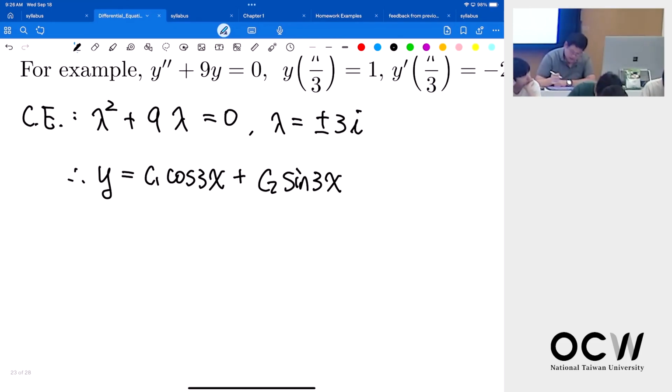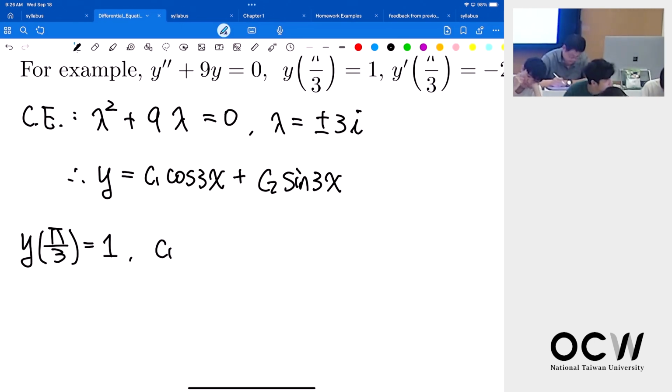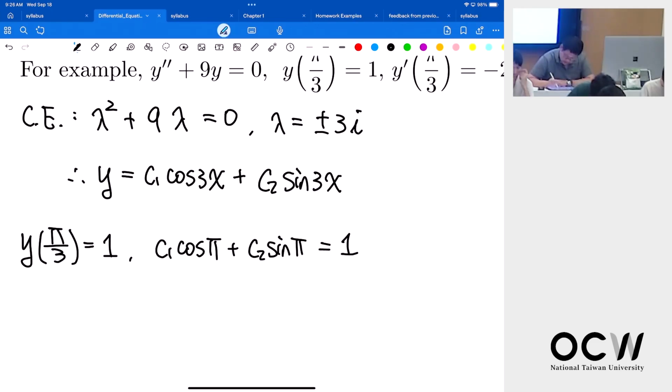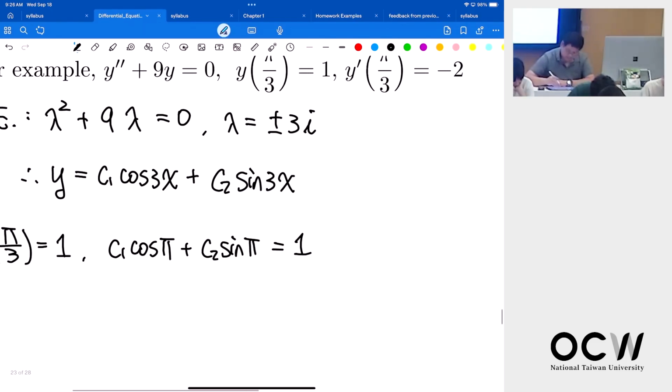To determine C1 and C2, we use the initial conditions. First, we get C1 cosine pi plus C2 sine pi equals 1. Then you get C1 is minus 1.